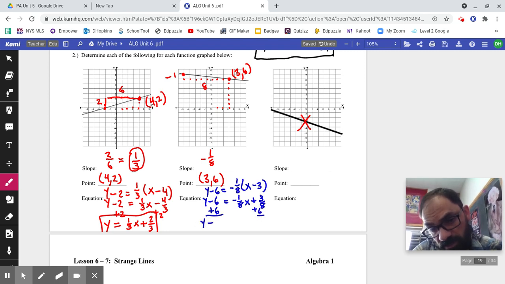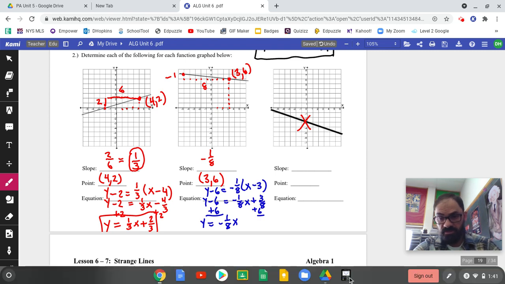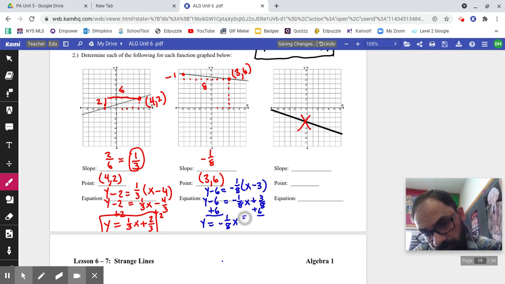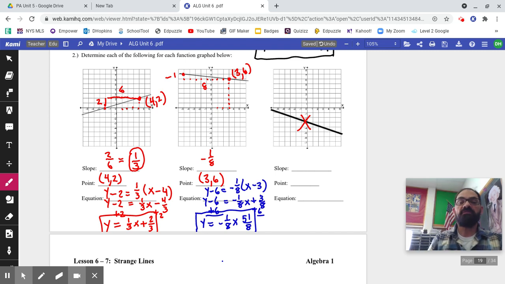So we get y equals negative 1/8 x, 3/8 plus 6. Let's see what we come up with. Let's go alpha y equals 3/8 plus 6. I like the fraction form, so 51/8. And there you have it.